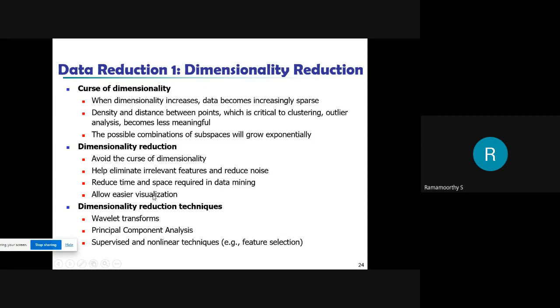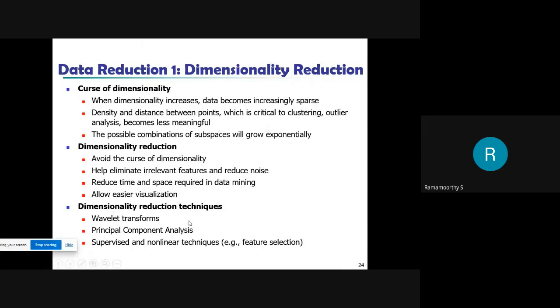If you want to plot the outcomes of the execution in a graph, then it is very easy to visualize the outcome with a limited data set, right? So these are some of the advantages of dimensionality reduction.